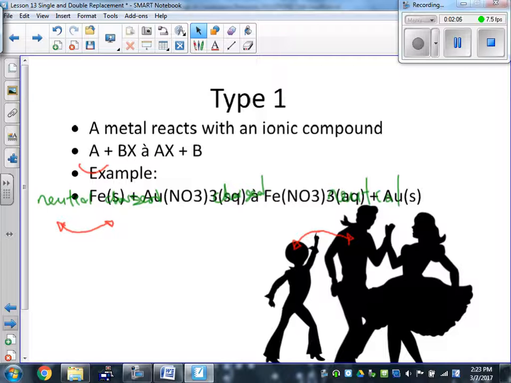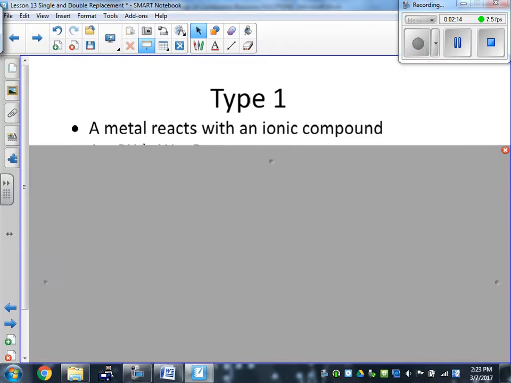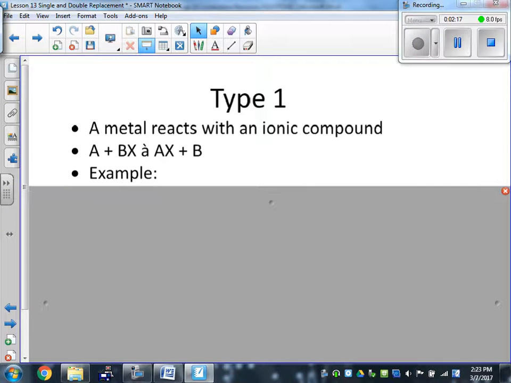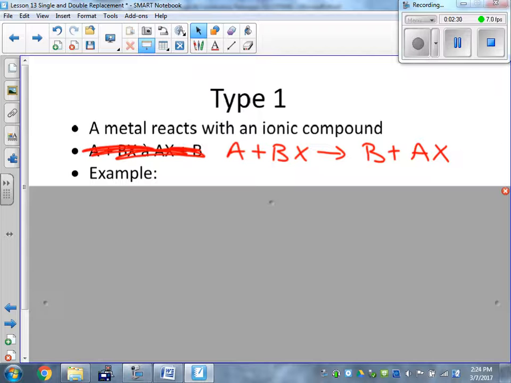Okay, so here we go. I'm going to get you to copy this here, and let's rewrite this here too. All right, so A. In this case, if we're talking about a metal that reacts with an ionic compound, A would be your metal.